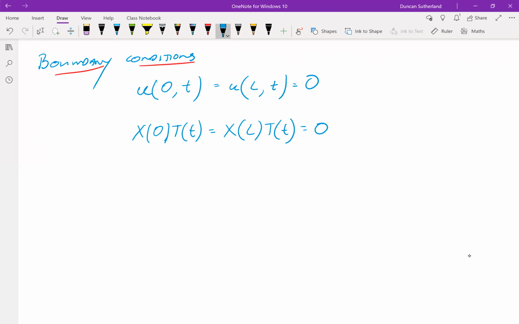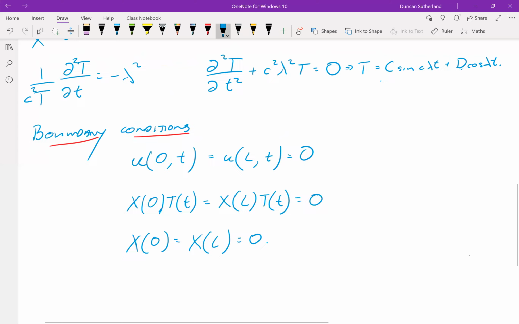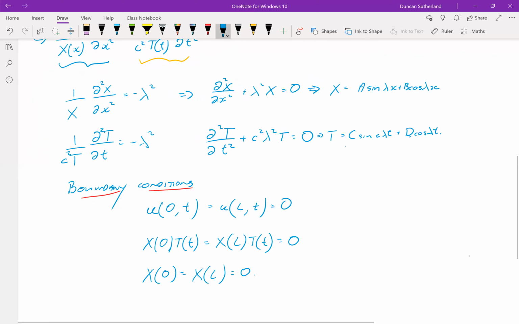Clearly, these boundary conditions are what's called separable themselves, and you can actually cancel out the T of t, and you're left with the condition on X. So X has to carry the boundary condition information. So now we just want to substitute this into our solution for X.